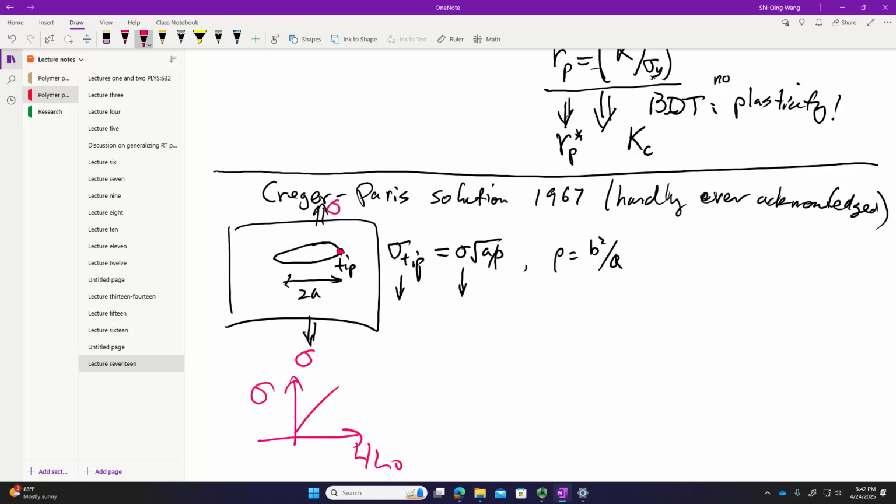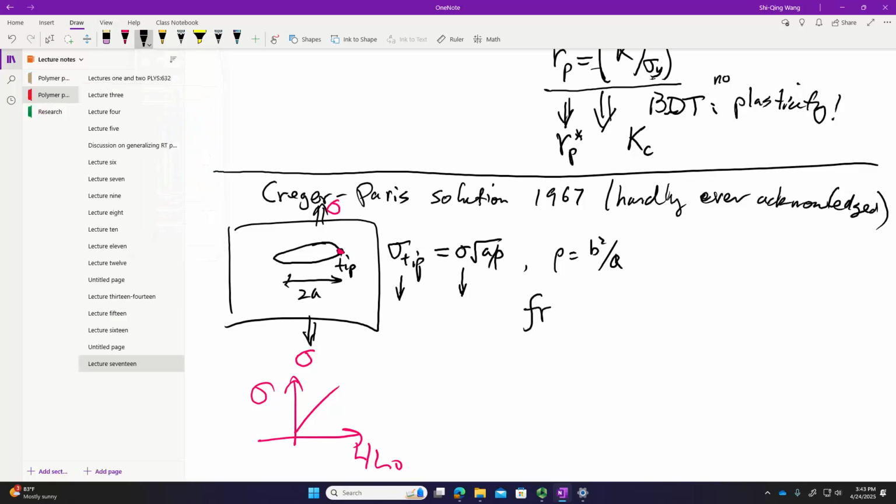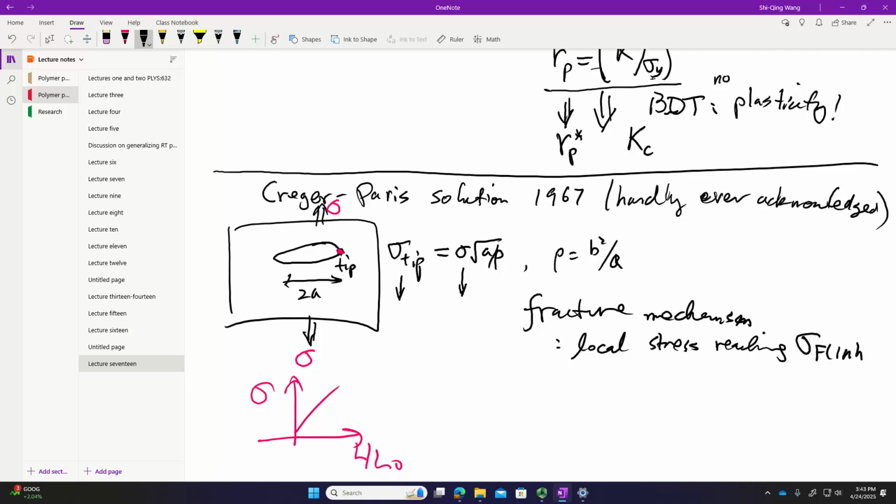But by saying so, you have already basically proposed that there is a fracture mechanism, right? The mechanism being local stress reaching inherent stress is when fracture occurs.